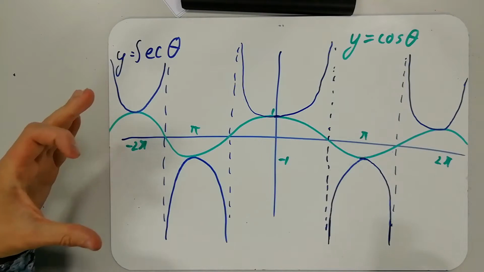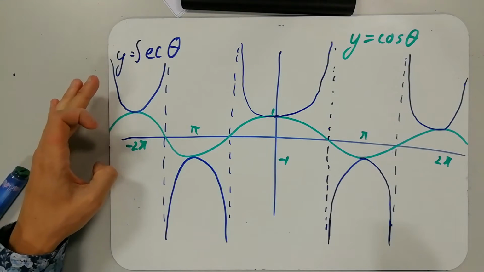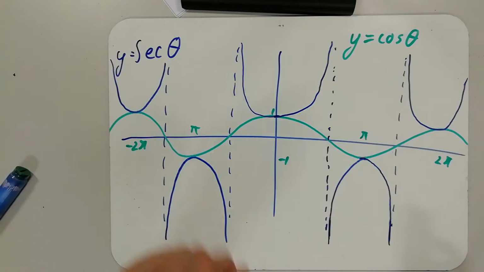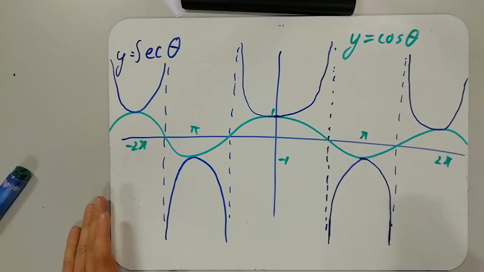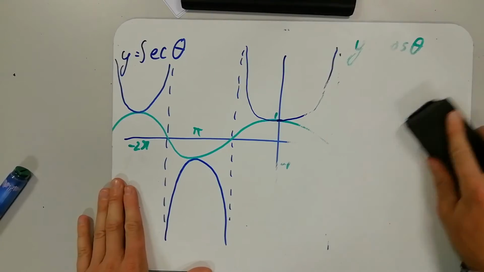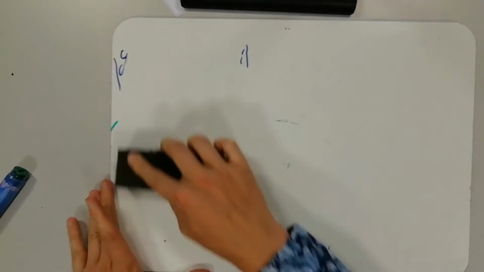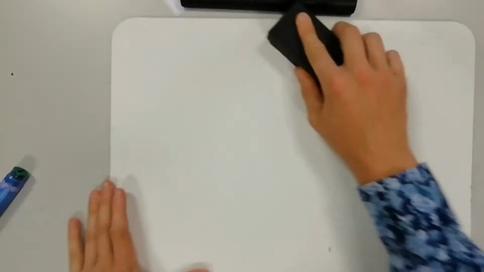I'll leave you to try and do a similar thing for cosec. Again, sketch the sine graph and then think what would 1 over that look like. We'll just do cot, although it'd be a good idea for you to pause the video here and try doing cot and tan yourself.